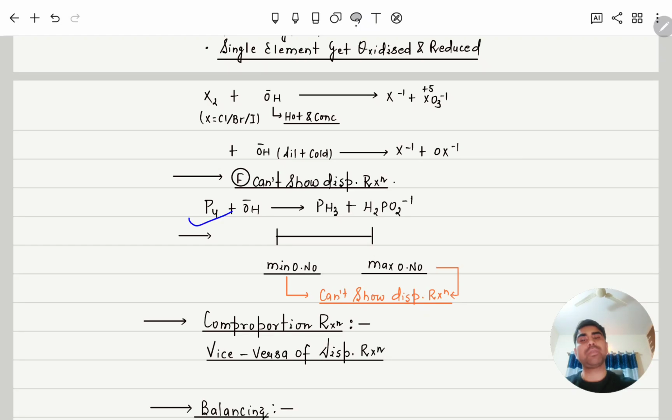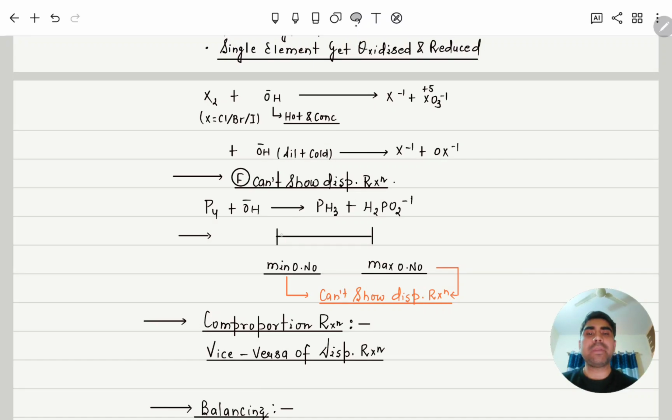Similarly, this one is also very important: phosphorus in basic medium forms PH3 and H3PO2 (hypophosphorous acid). Here phosphorus is going to -3, and here phosphorus is going to how much? 2 times 2 is 4, -4, and this is +2. So -2 going that side, +2, -1, so phosphorus is +1.